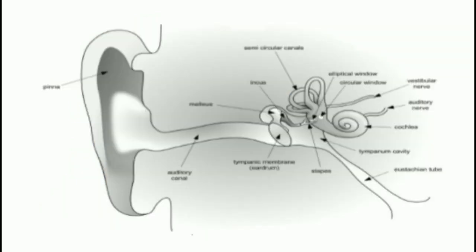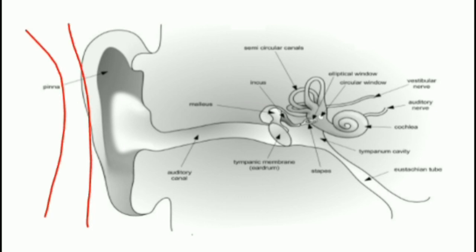Let's see properly. Here our sound waves come and travel through the ear canal. The eardrum moves and vibrates the small tiny bones. Then it travels through them. After that, it enters the inner ear.